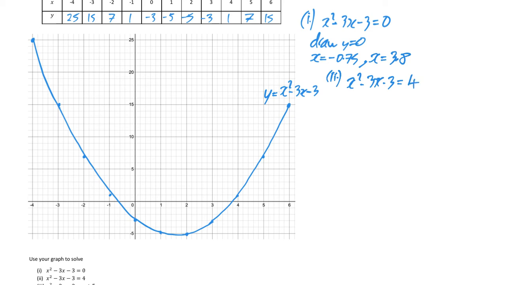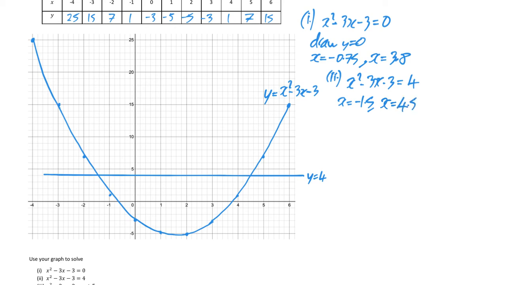Okay, part 2 asks us to solve x squared minus 3x minus 3 is equal to 4. So this is where we have to draw our horizontal line going through 4. So there you've got your horizontal line. That was y is equal to 4. And the x values where that crosses, I've worked that out to be x equals minus 1.5, or x is equal to, and it looks to me like it is roughly 4.5.